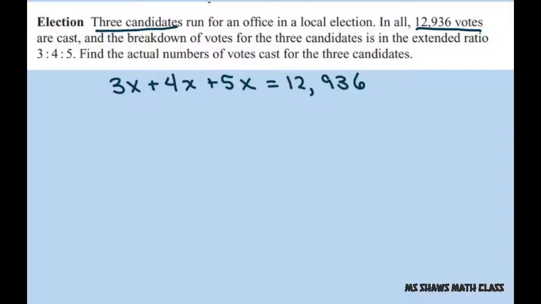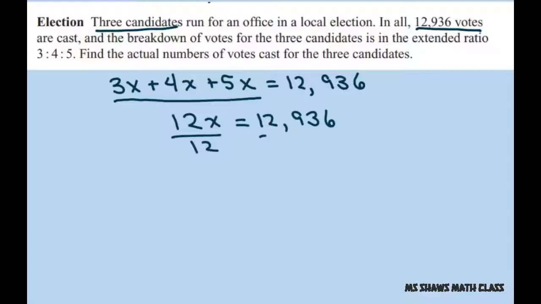So when you simplify all of these, we have 12x equals 12,936. Divide both sides by 12, and you get x equals 1,078.